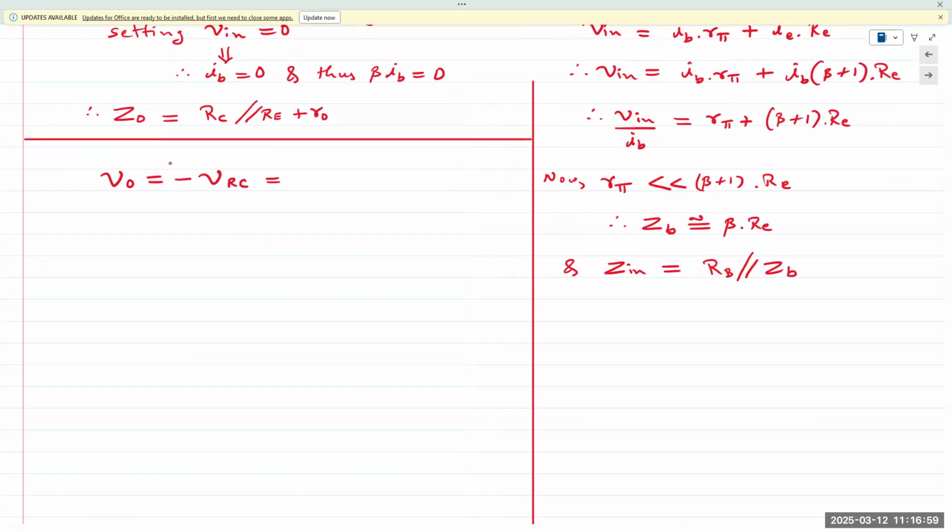And you can probably see where this is going. You have seen this graphically, right? You've seen this graphically when we did the graphical solution. So VRC is simply the IC RC drop. IC can be written as beta times IB. And IB gives us our V in.